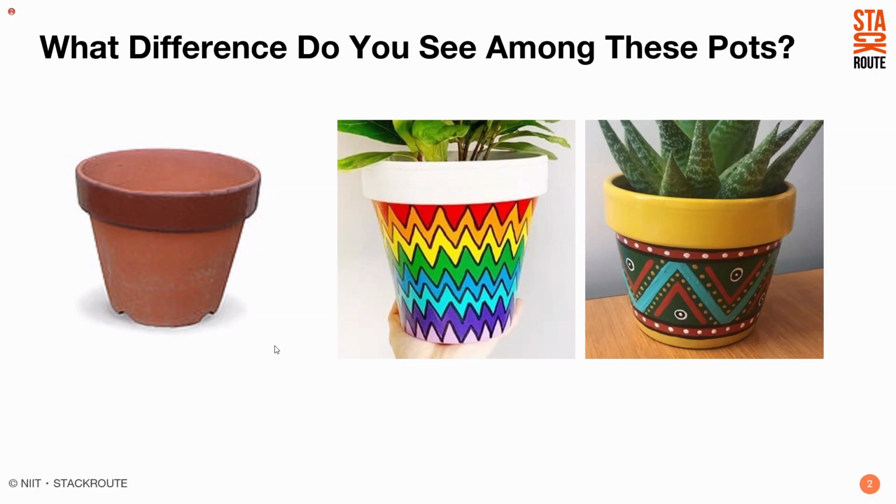All these are terracotta pots. So how do you find the difference between the first one and the next two? Yes, ma'am. Outer design. Creativity. So in the leftmost we can see only the structure of the pot, whereas the two right pots are beautifully designed, decorated, and more appealing.